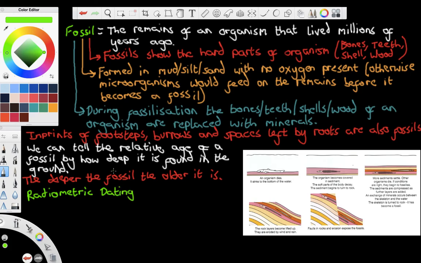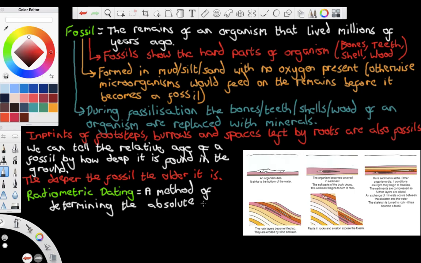Now, radiometric dating can be defined as a method of determining the absolute age of rocks. So, a method of determining the absolute age of rocks.